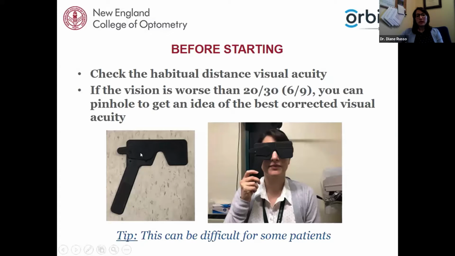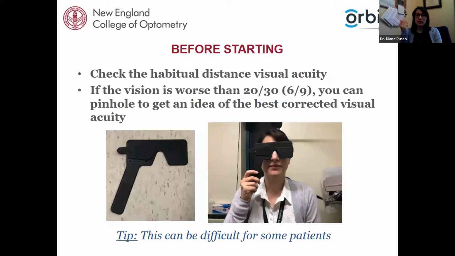Having the multiple pinhole openings makes it a little bit easier when the patient's trying to orient the occluder in front of their eye. There are some occluders with just one pinhole that's right in the center of the occluder. And that can be a little bit more difficult because the patient has to adjust it just so that they're able to see through that one pinhole.